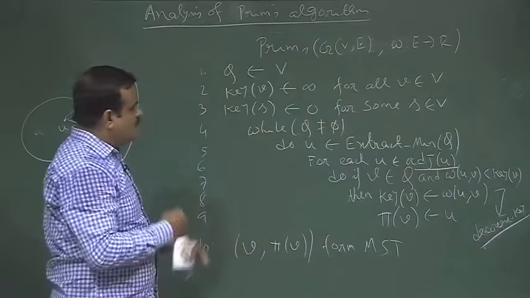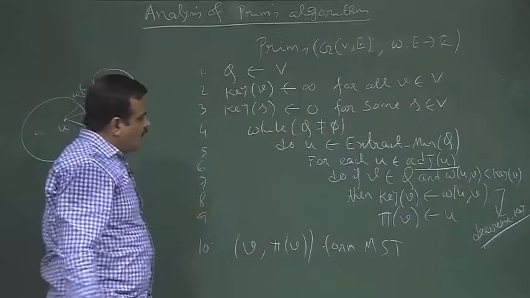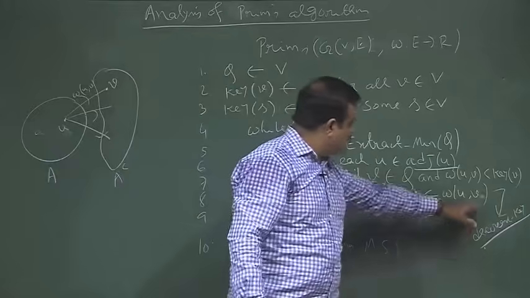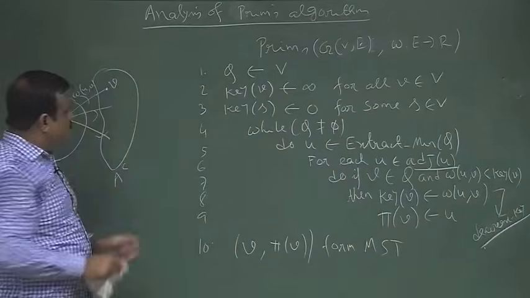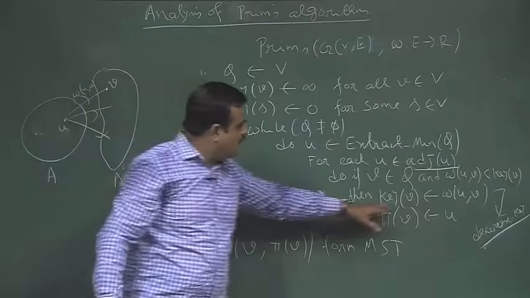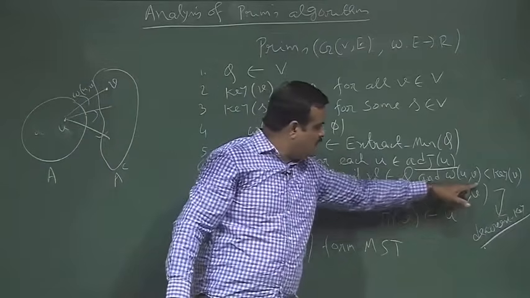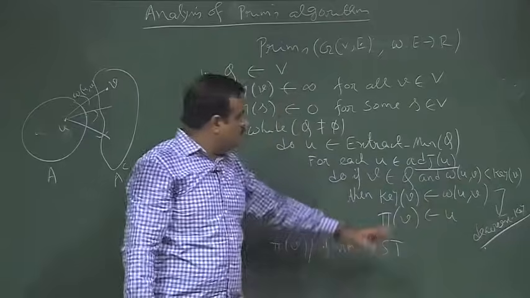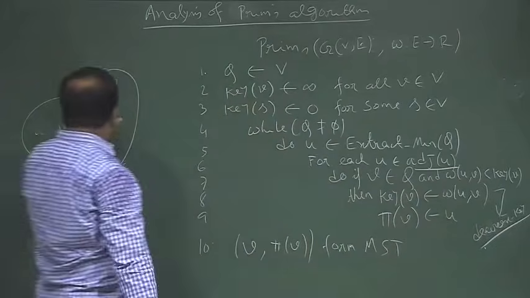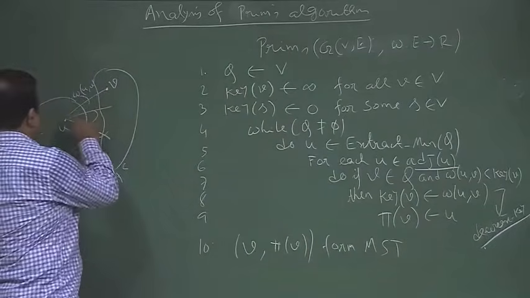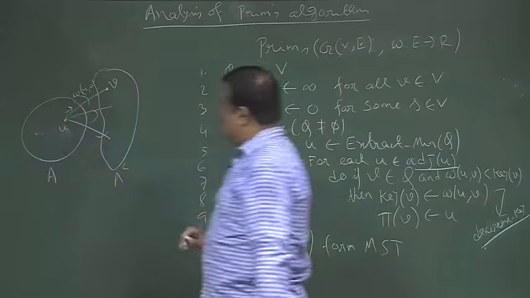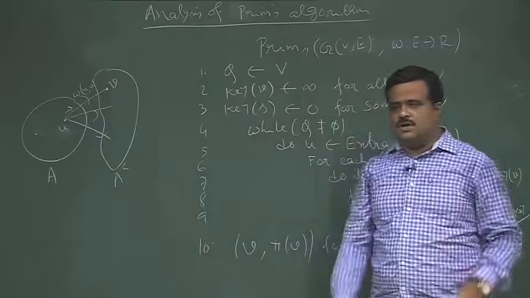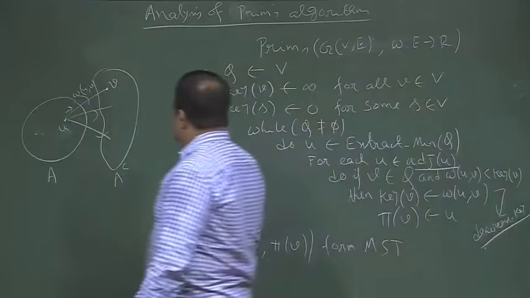Basically we are decreasing the key, because these vertices have a key which is more than the edge weight we have right now, so we have to update that. We update it, and we put a link to the vertex responsible for this update, to have the minimum spanning tree at the end.